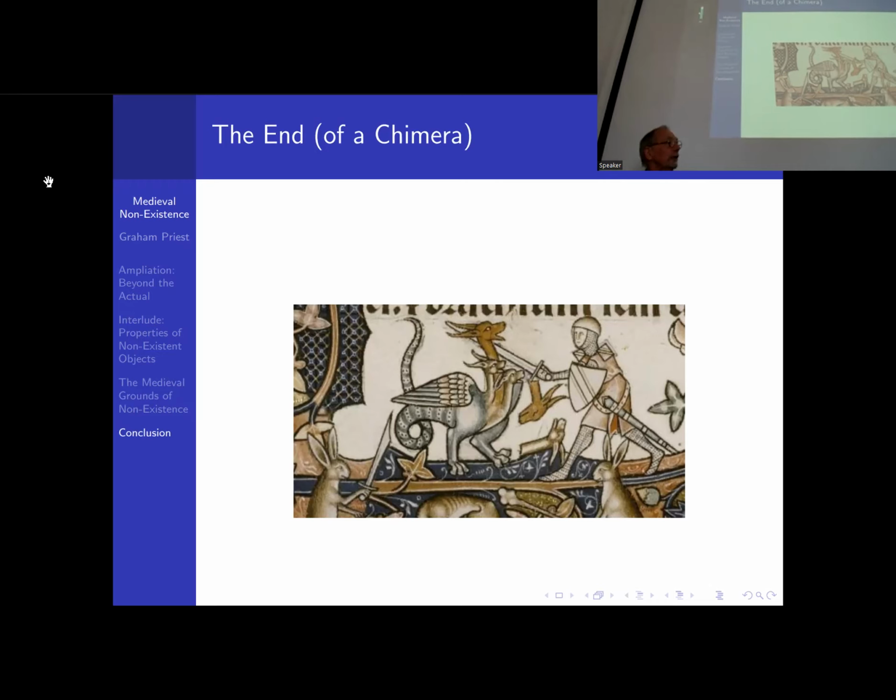The "some" there is going to range over a certain kind of domain. At that point, I have to leave the discussion to a medievalist.